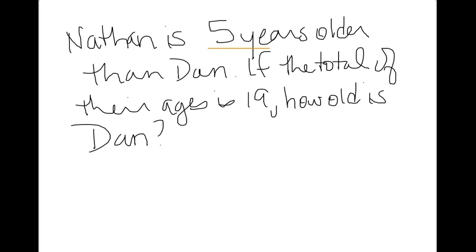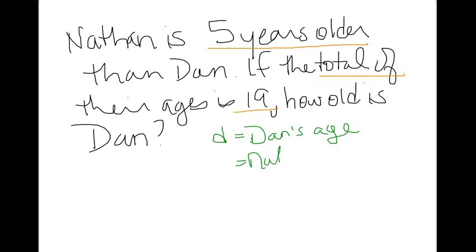So Nathan is 5 years older. The total of their ages is 19. So I'm going to say D stands for Dan's age. How will I write Nathan's age? Remember, I only want one variable.